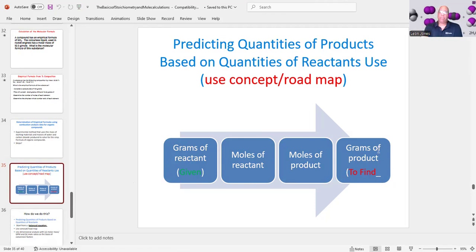So let me ask you something. When you have the equation, let's say you have small a, large A, small b, large B, yields small c, large C, plus small d, large D. Now, if I'm not mistaken, you have your reactants and your products.